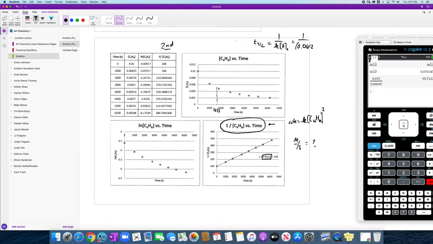So what units does k have to have if we've got molarity squared here? This has to be units of molarity to the -1, seconds to the -1. So our rate constant is 0.0612 molarity to the -1, seconds to the -1. And what's that initial concentration? 0.01.